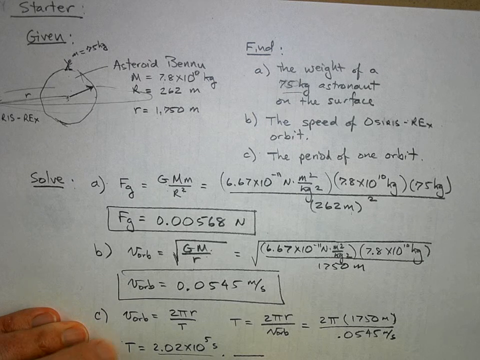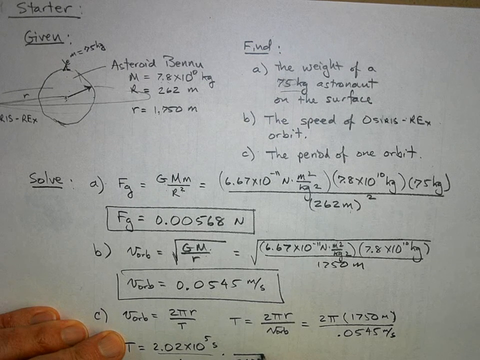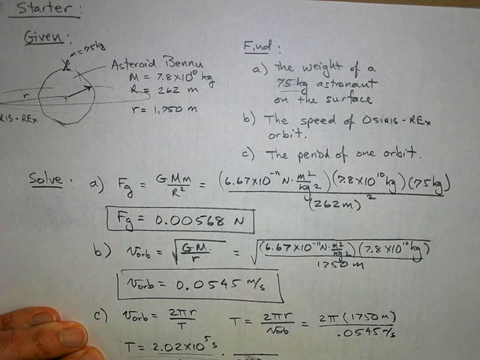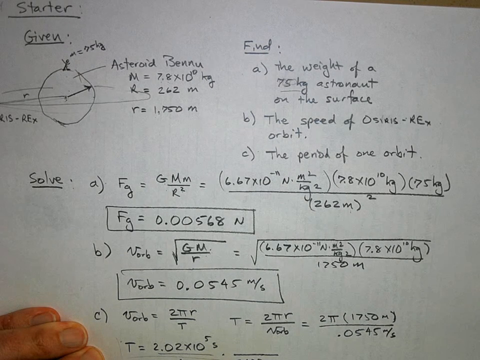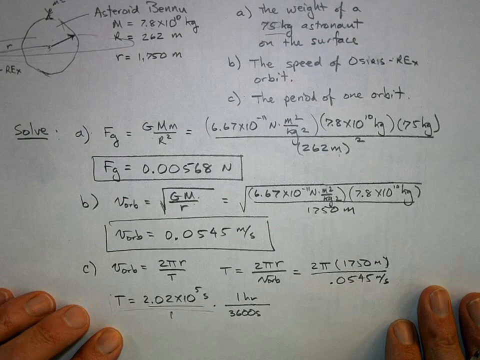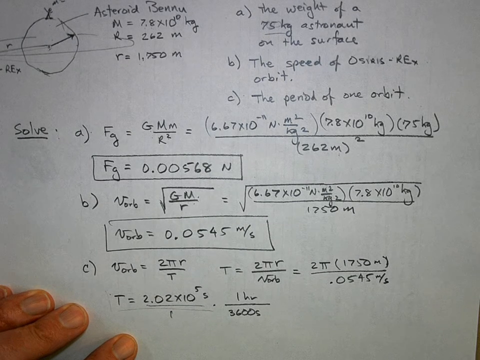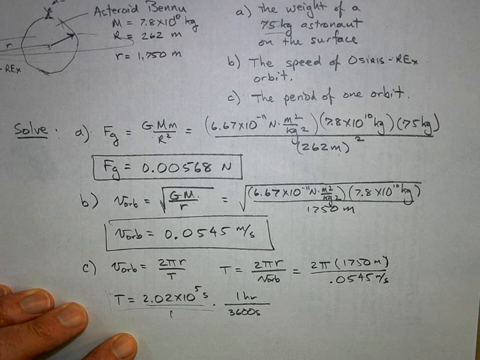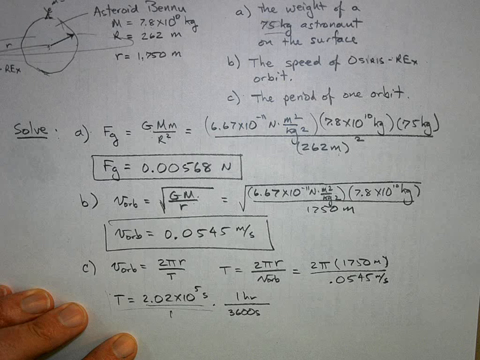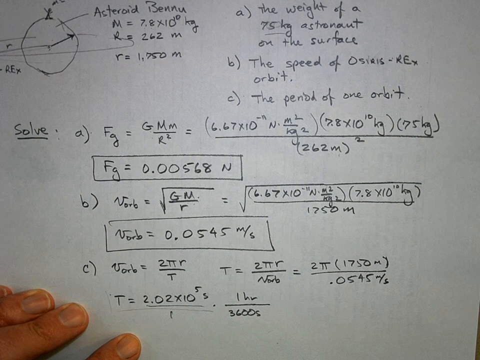Well, let's see how long that is in hours. We know that there's 3,600 seconds in an hour. I mean, this is your answer right here, but most people don't have a feel for how long that is, so let's figure it out in hours. So 2.02 times 10 to the 5 seconds, that's what I got. So I'm going to divide that by 3,600.